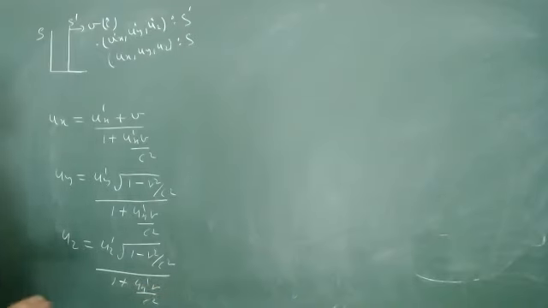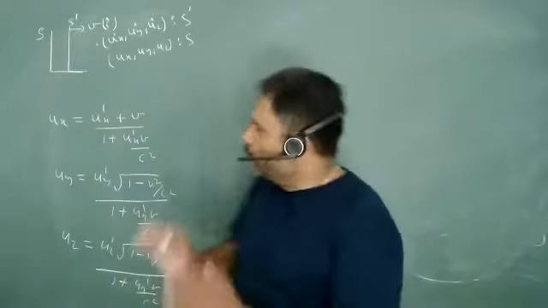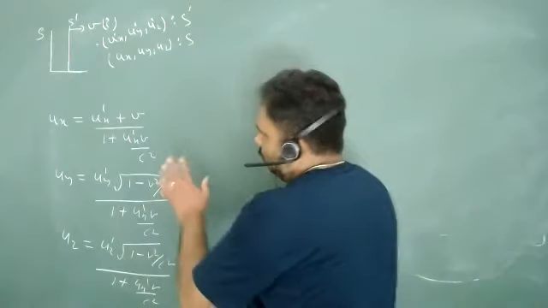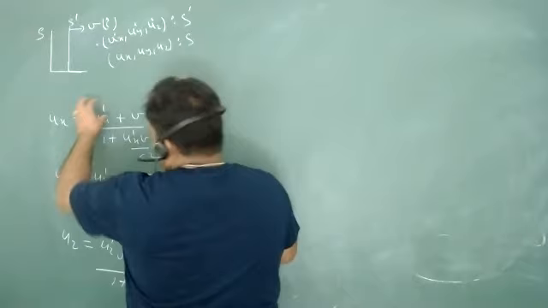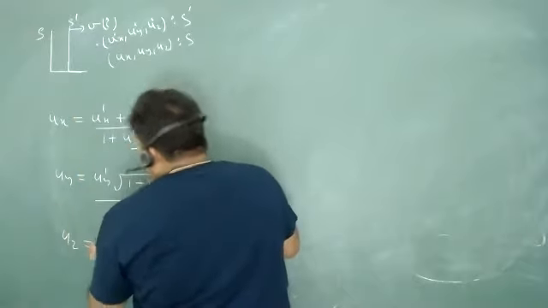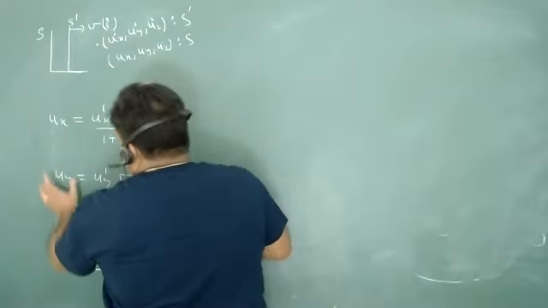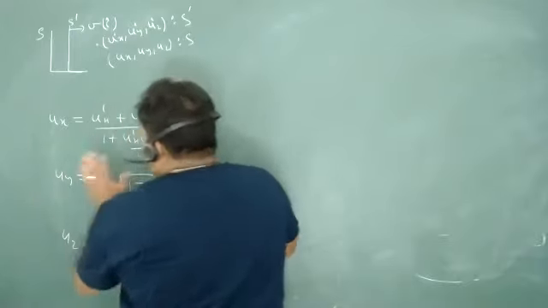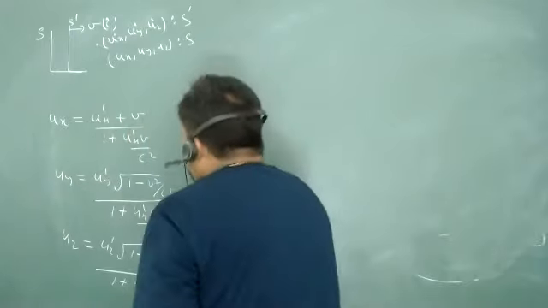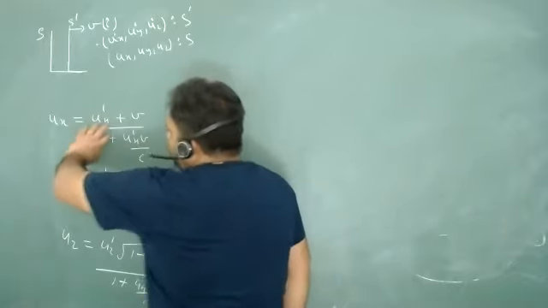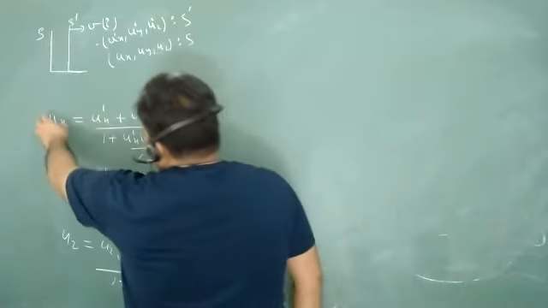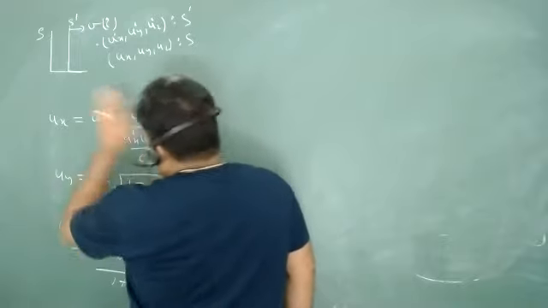Now, here ux dash, uy dash, uz dash are independent variables. This is known to me, and I want to find the others. Suppose I want to write this with ux, uy, uz as the independent variables.